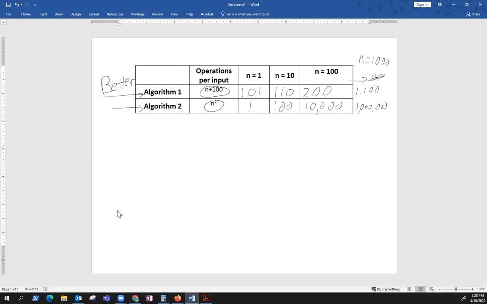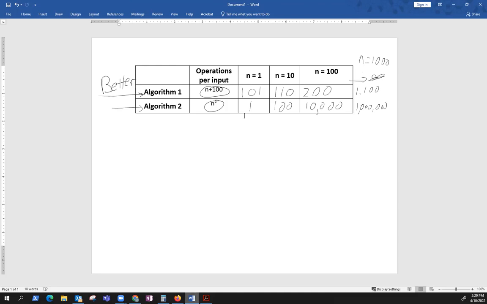And when we do Big O, what we concern ourselves with is the worst case scenario. That is, what happens when we have lots and lots of operations? Which algorithm is ultimately going to be better? So I want you to keep that in mind when you're thinking about this Big O stuff, because what we care about is what happens in the long run.